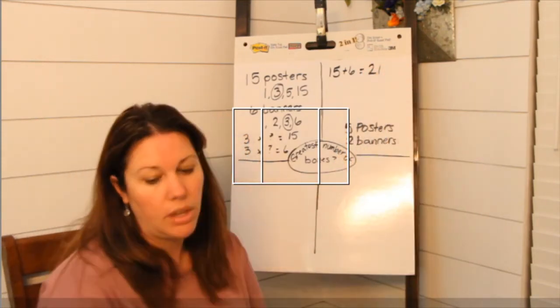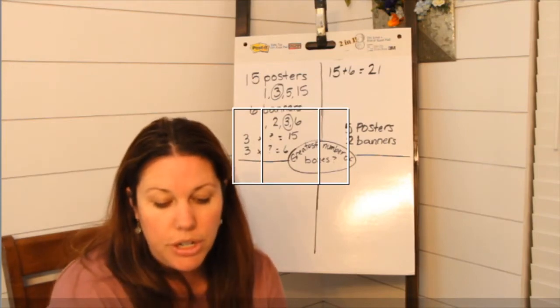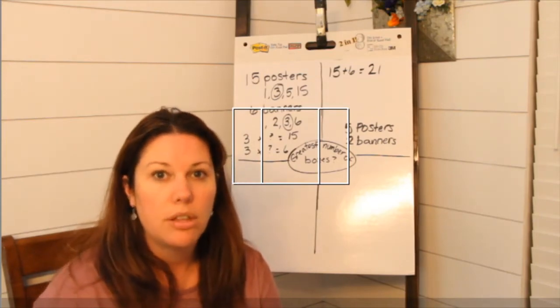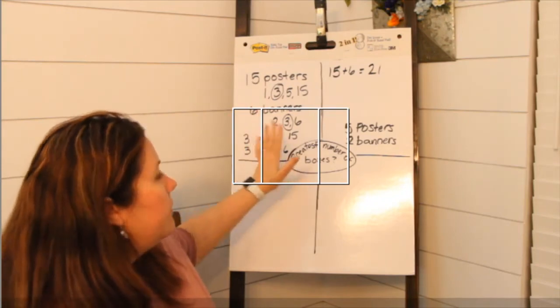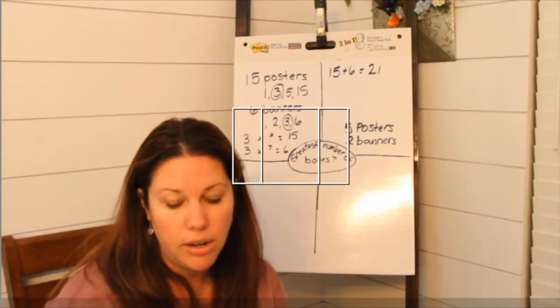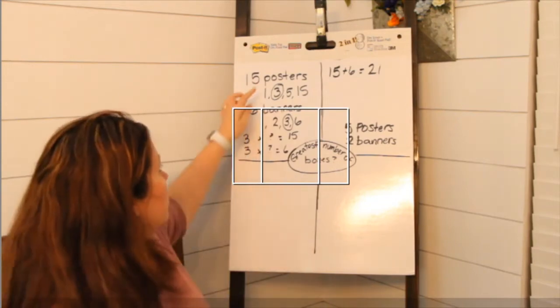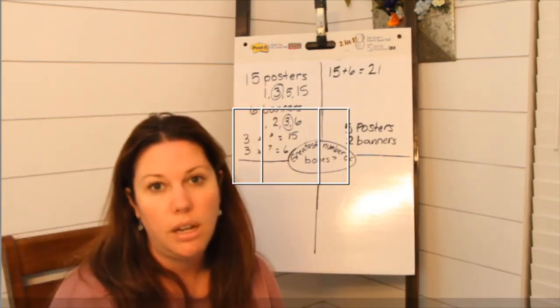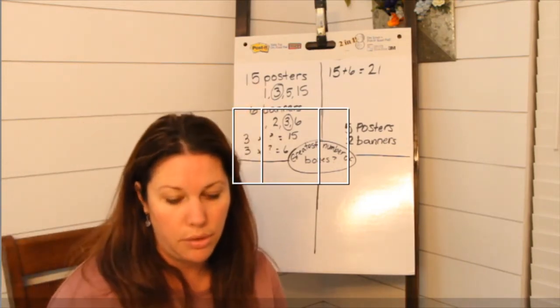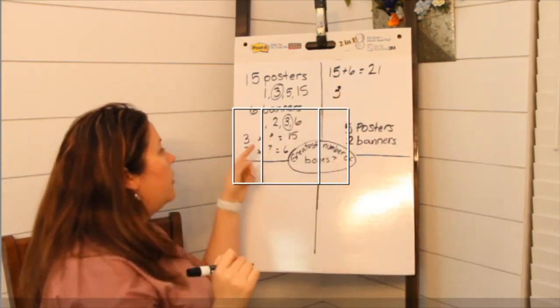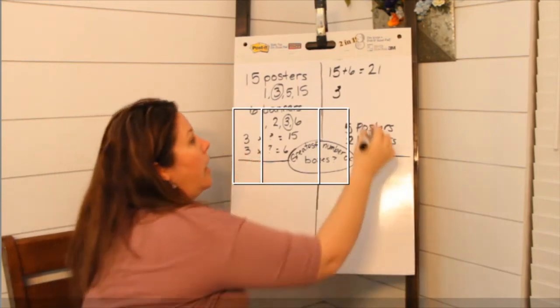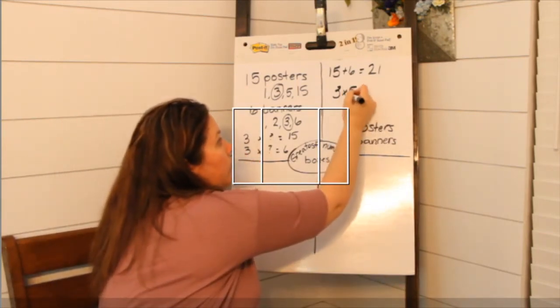Okay? And then what we're going to do is break this down. So just like we broke it down here with our greatest common factors, we're also going to break that down again. So we know that the greatest common factor between 15 and 6 is 3. And we know here that if we times that by 5, we're going to get 15.